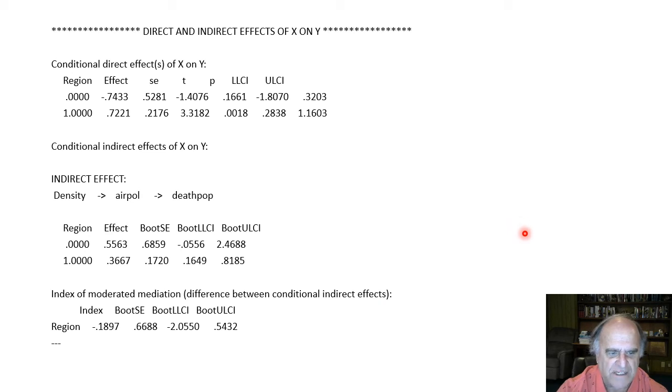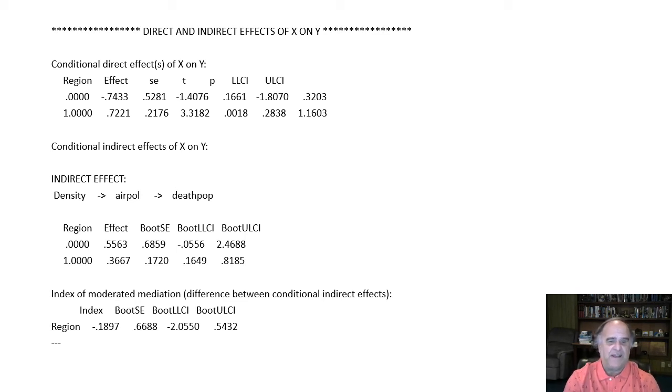So it's telling us that the moderated mediation is not significant. The reason, again, we know it's not significant is because these confidence intervals include 0. So the moderated mediation when we go through air pollution was not significant. And we saw that before.